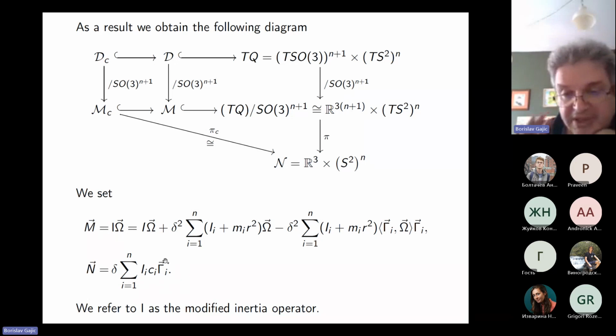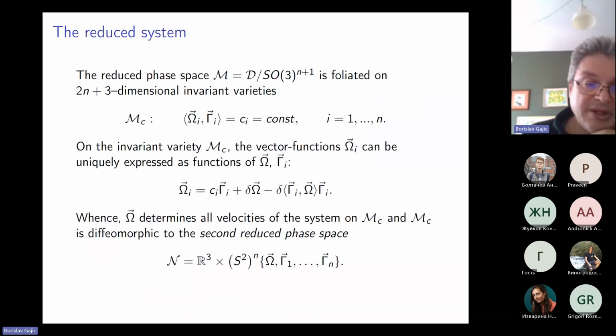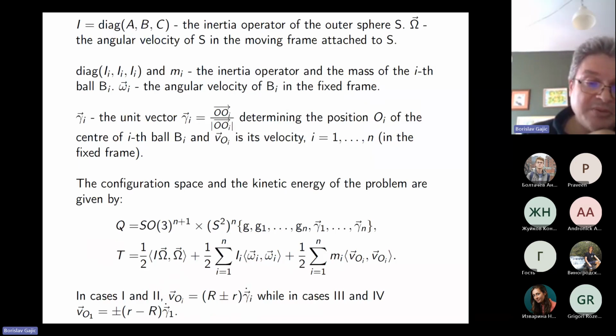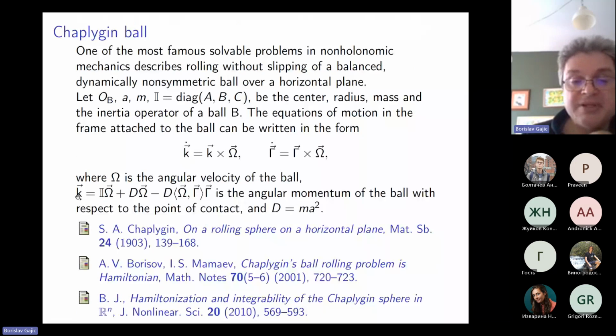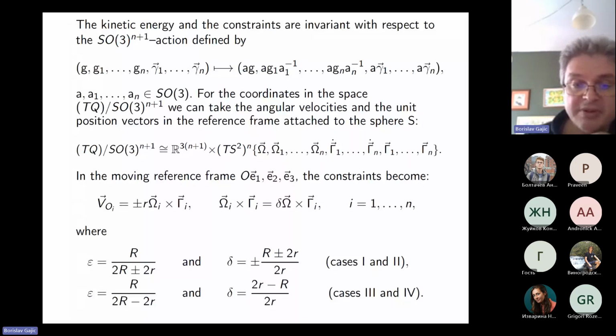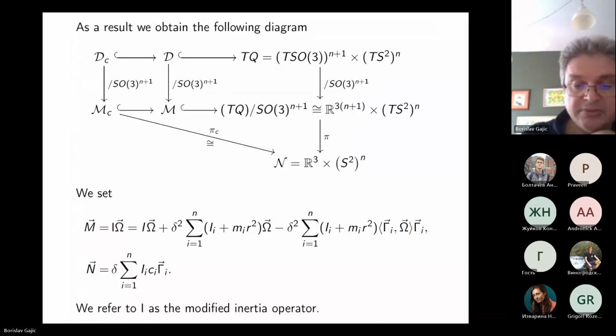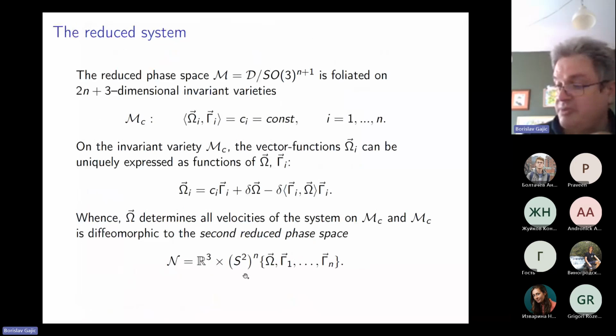So just to recall, in the case of the Chaplygin ball, we have the angular momentum of the ball with respect to the point of contact is the angular momentum of the ball plus some term. And here we have a similar situation, but with more terms.